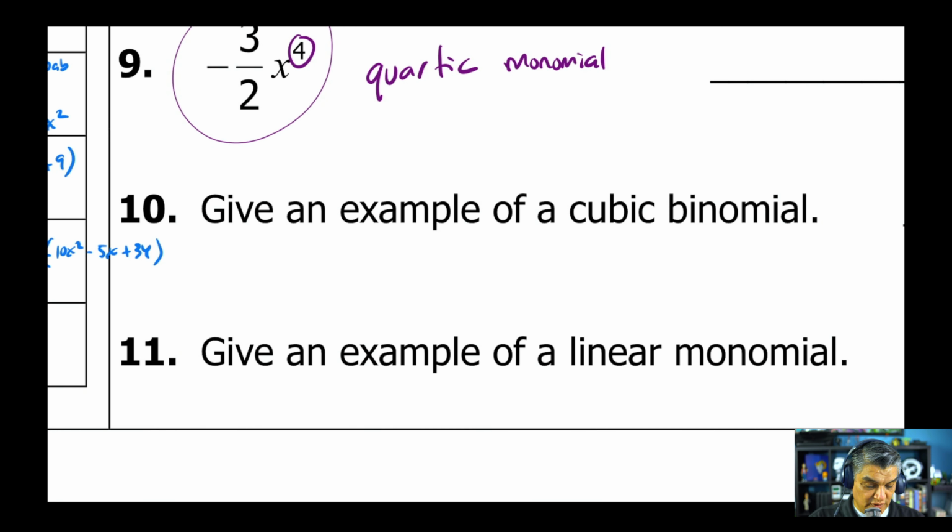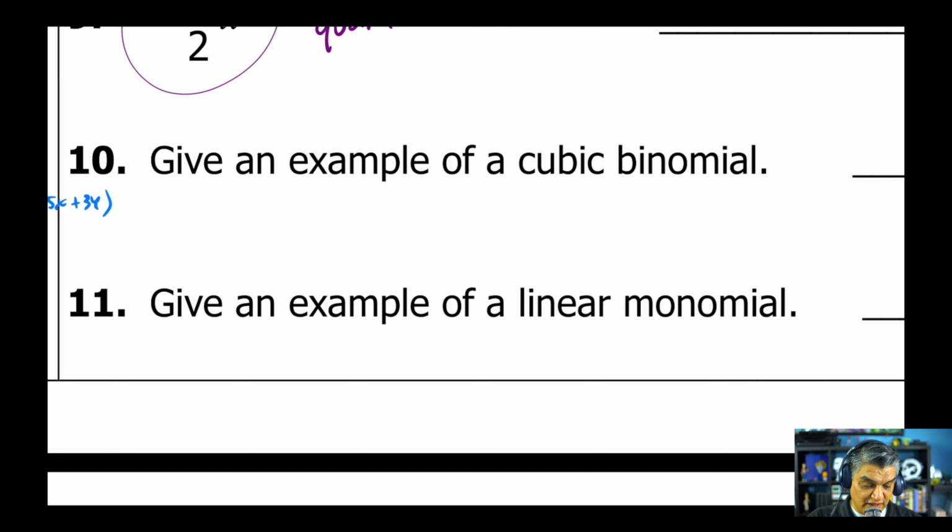And so, number 10 and 11, can you give me your example? Someone give me an example of a cubic binomial. 11x cubed minus 2x. Bam. That's one. Anyone else? Any other example? Come on, chat.